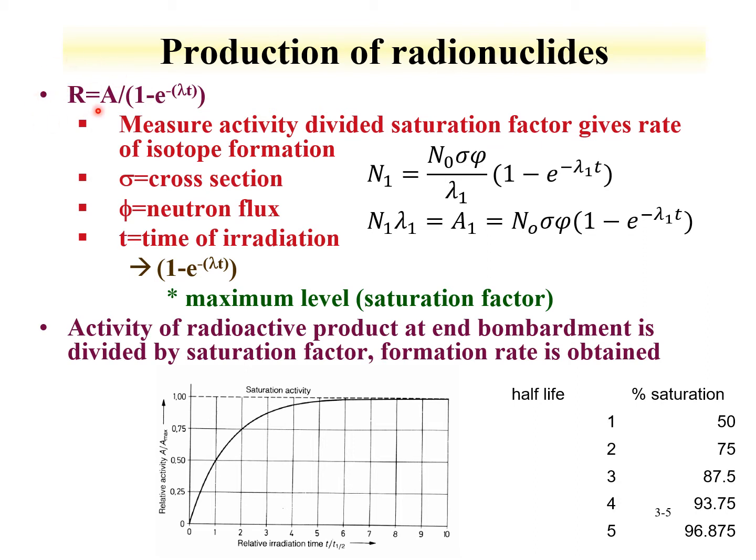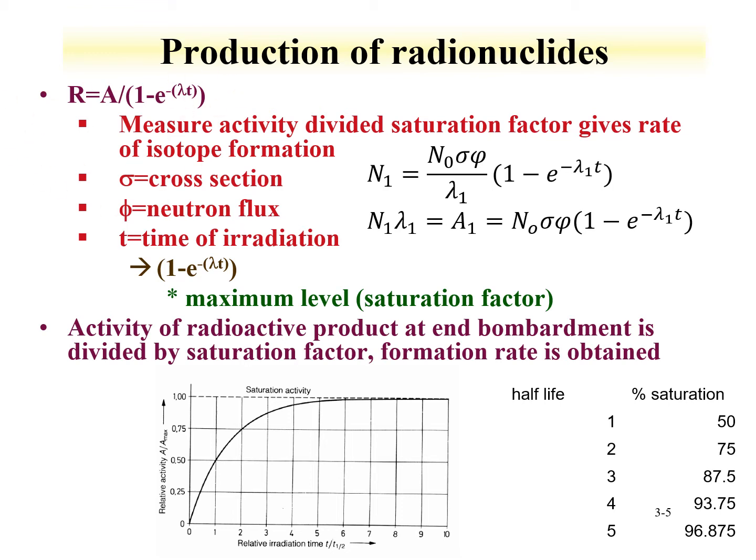And that should be the same rate of formation value as calculated from the equations on the previous slide. Since the measured activity divided by the saturation factor yields the isotope formation rate, one could evaluate cross-sections, fluxes, and target information using experimental data from an irradiation, as we discussed in the previous slide.